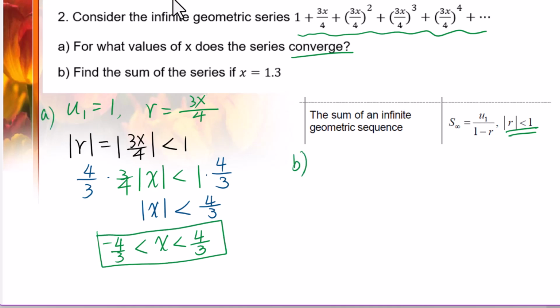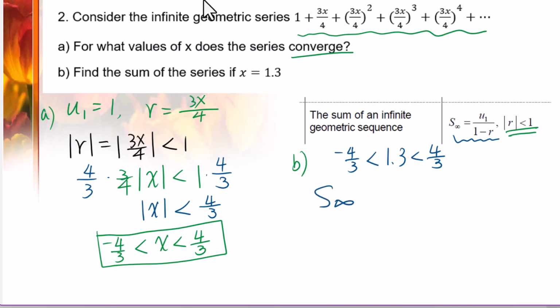For B, find the sum of the series if x equals 1.3. Since 1.3 is greater than negative 4 over 3 and less than 4 over 3, we can use this formula to work out the sum of this series.